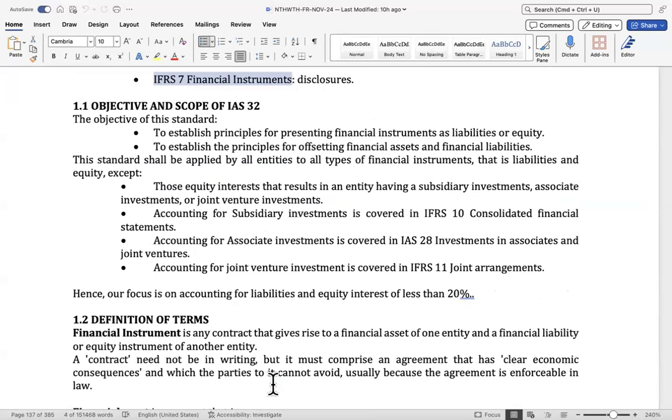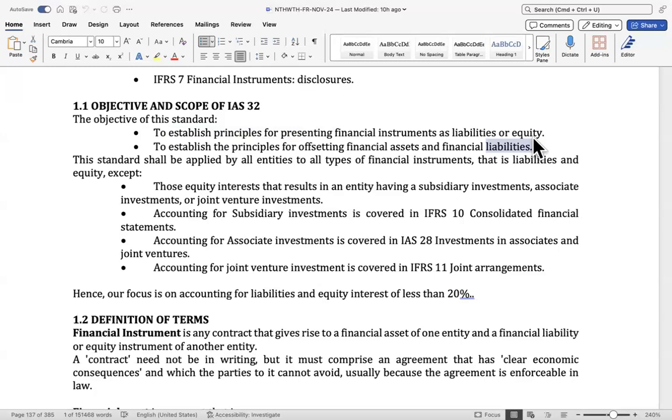Now, this standard would explain the principles. That is, IAS 32 will show us how we can present financial instruments as either liabilities or equity. Don't forget, I told you that financial instrument is debt and equity.